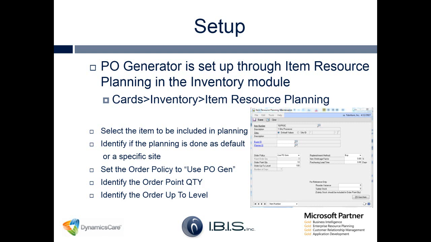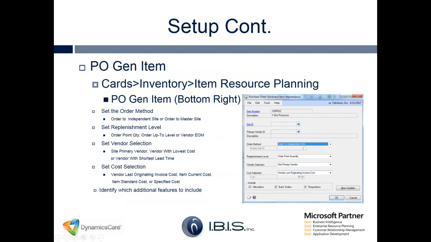We've set the order policy to use the PO generator, and we've identified the order point quantity as well as the order up to level. Next on our setup, we've set this particular item to be generated via the PO generator, but now we have to set some parameters or some criteria for actual ordering.